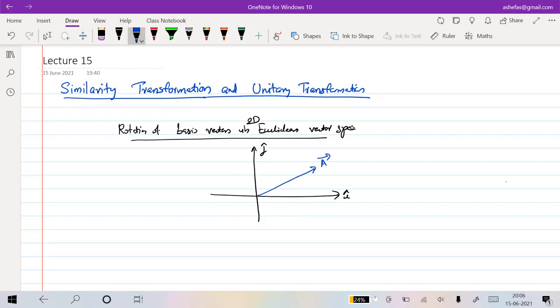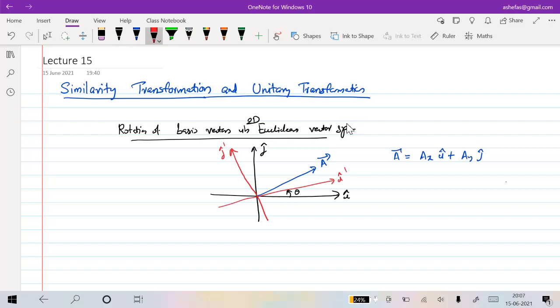vector A. Now this vector A can be written as Ax i plus Ay j. Now, if you rotate this basis by some angle theta, then obviously we'll get another set of basis vectors, represented as i prime and j prime.